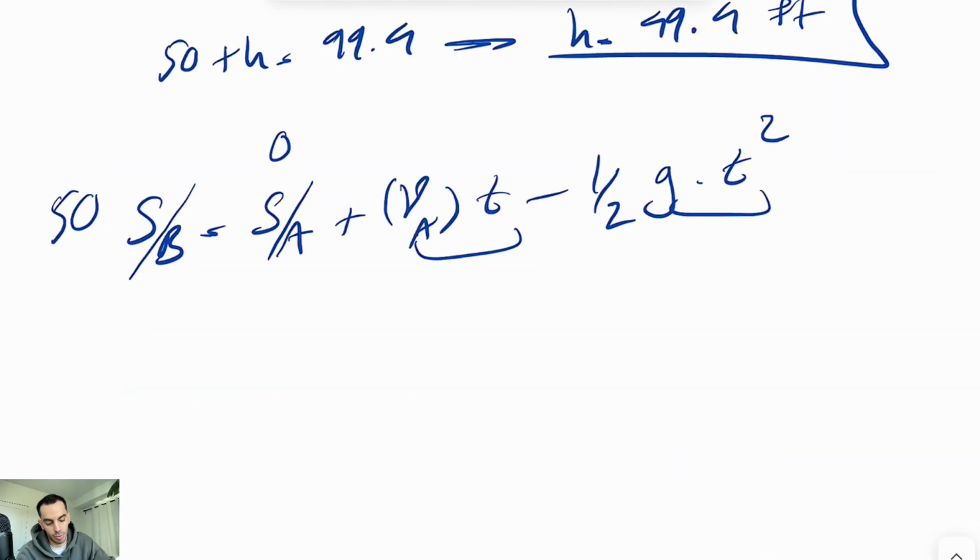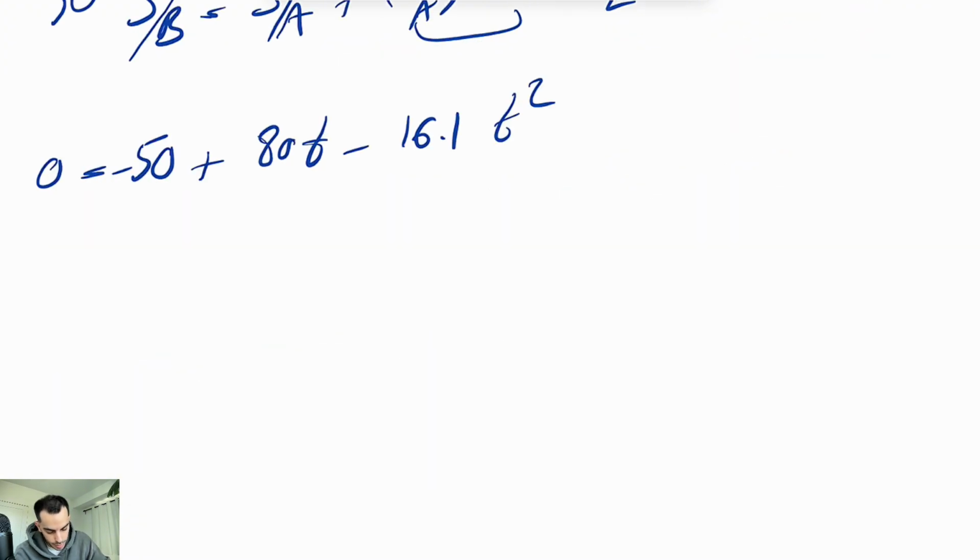Since we have a quadratic equation, we're expecting to get 2 different t's. Let's rearrange this equation a little bit. We can bring 50 to the other side, so 0 is equal to negative 50 plus the initial velocity, 80, times t, minus 32 divided by 2, which is 16.1, t squared.